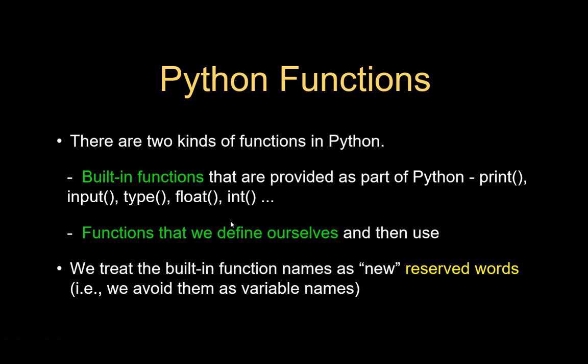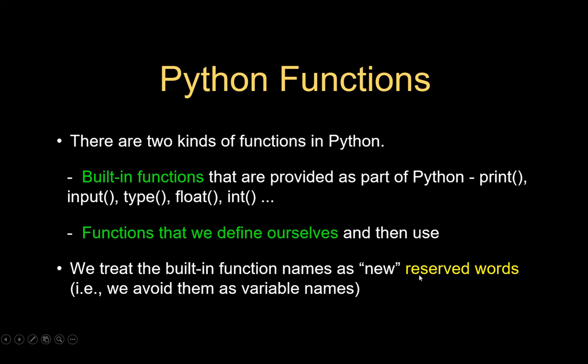We have two types of functions in Python. The first type is the built-in functions. We already talked about some of them. For example, print, input, type, float, or integer are built-in functions. And the second type, of course, is the functions that we build based on our needs and based on our environment.